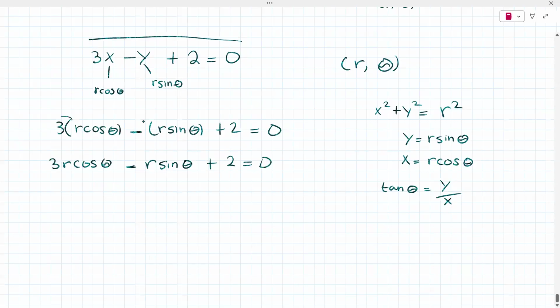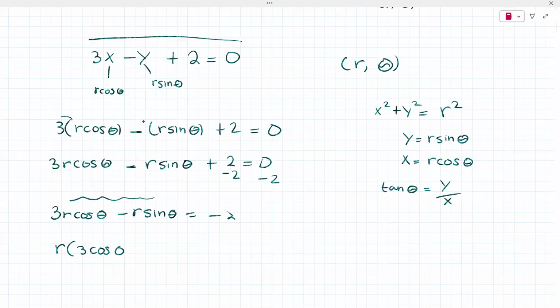Then what we can do is move this constant to the right by subtracting 2. And then from here, we could factor out an r. So it's r times 3 cosine theta minus sine theta equals negative 2.